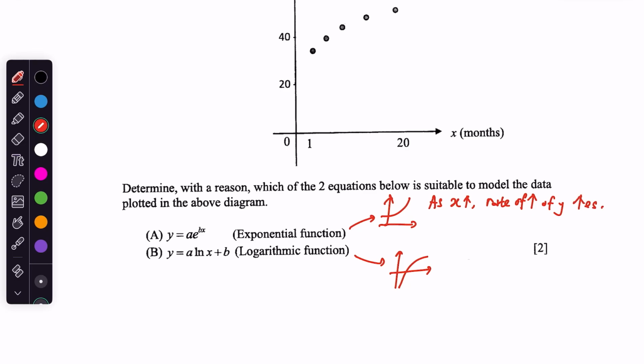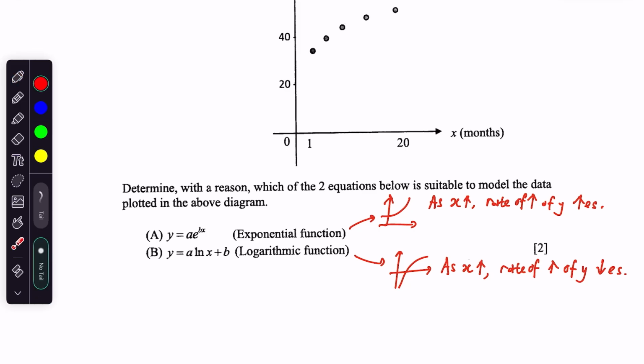Now for the logarithmic function, slightly different. As x increases, y is still increasing, the curve is still going upwards, but the rate of increase decreases, because it's getting slower and slower. Instead of going up faster and faster, it goes up slower and slower. So we get these two descriptions.